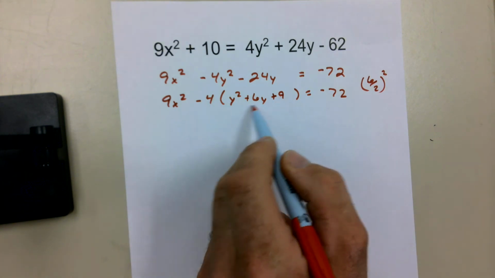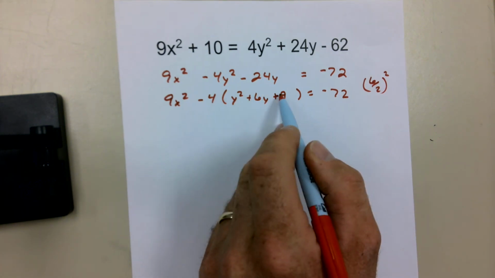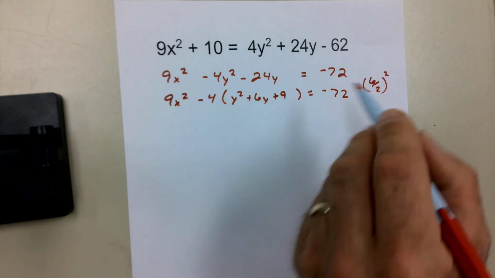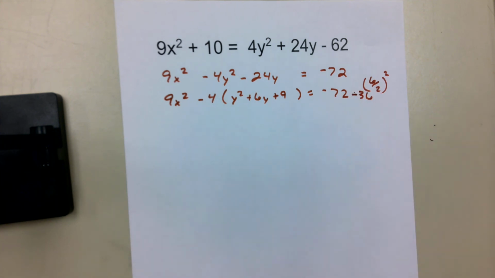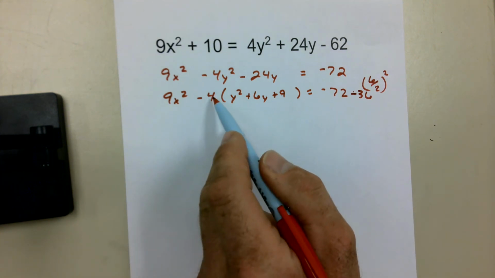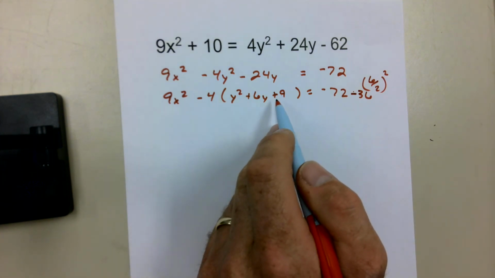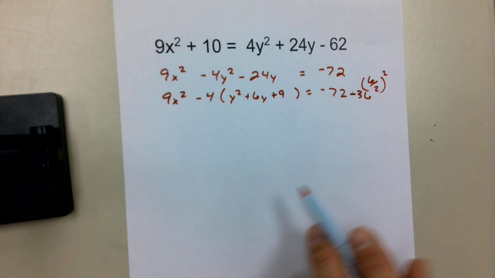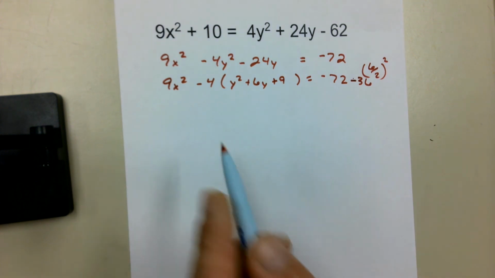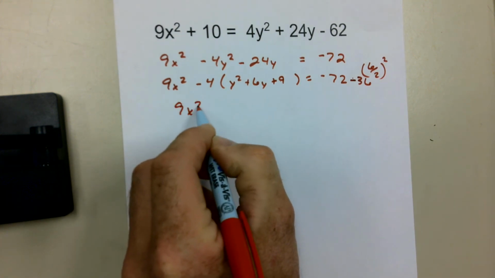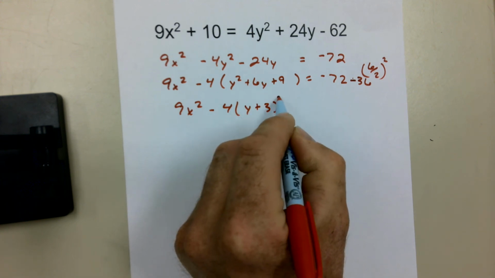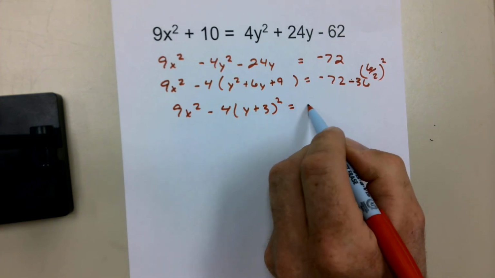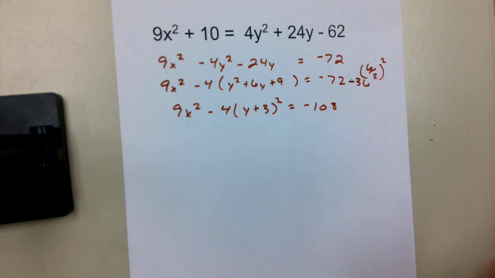I am actually adding negative 36 to this, so I'm going to subtract 36 from this side as well. Remember, negative 4 times 9 gives us a negative 36. So that's where I get my negative 36 on this side. I'm going to go ahead and factor, so I get (y plus 3) squared. And over here I get a negative 108 at this point.